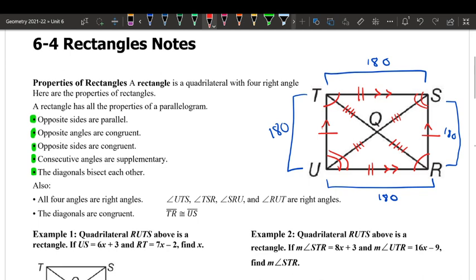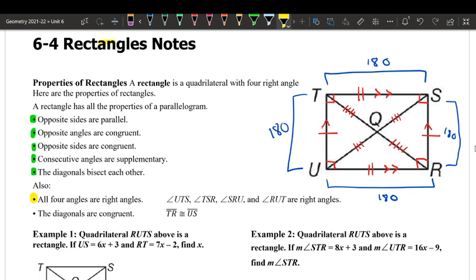Today, if we make it specifically a rectangle, then all 4 angles are right angles. So not only are the opposite angles congruent, but all 4 angles are congruent. So I'm going to change those marks to make it 90 degrees. Put the little box in each corner, because all 4 angles are congruent and 90 degrees. And it's kind of in the name, right?